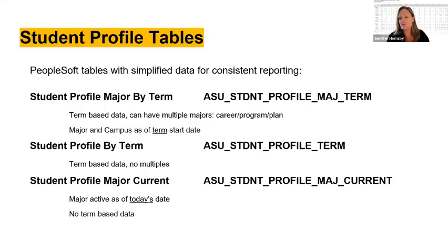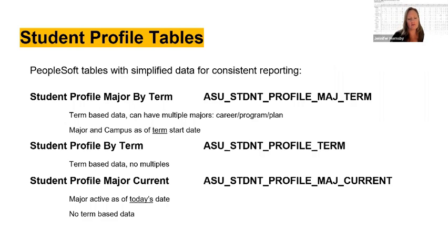They can't be on probation for one major and not the other, for example. So any data that is either true or not for that term is stored in this table, and there aren't any multiples. There's no primary record flags in this table. This table also has the honors student flag and the athlete flag.